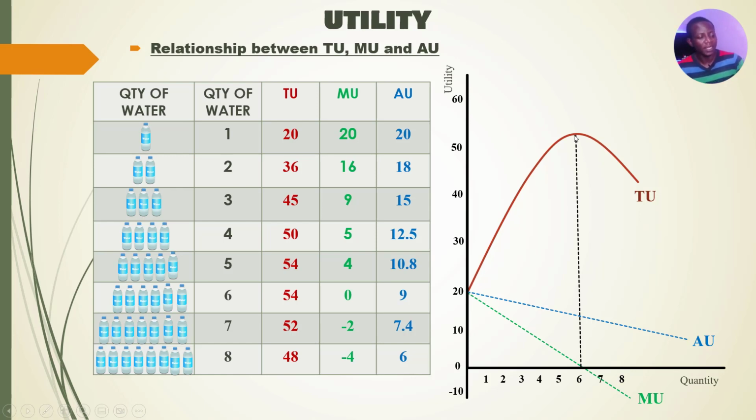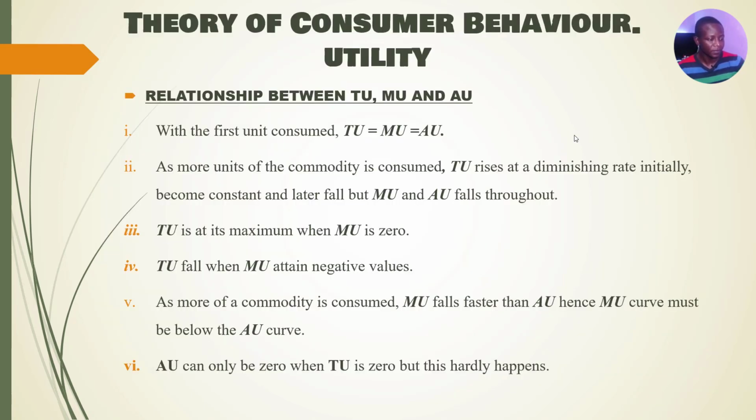Okay, so let's check the differences or the relationship between these 3 concepts. 1, we say that with the first unit consumed, total utility is equal to marginal utility and is equal to average utility. Let's check.